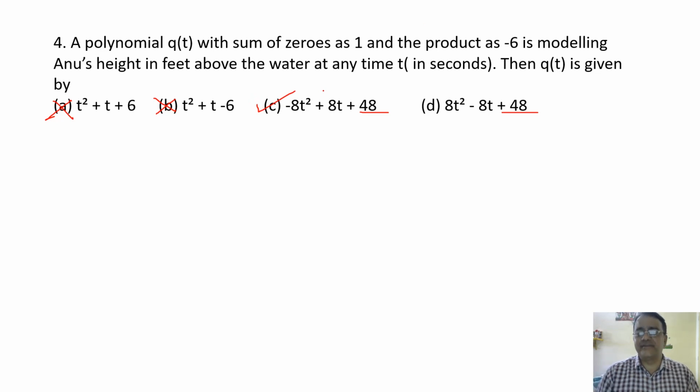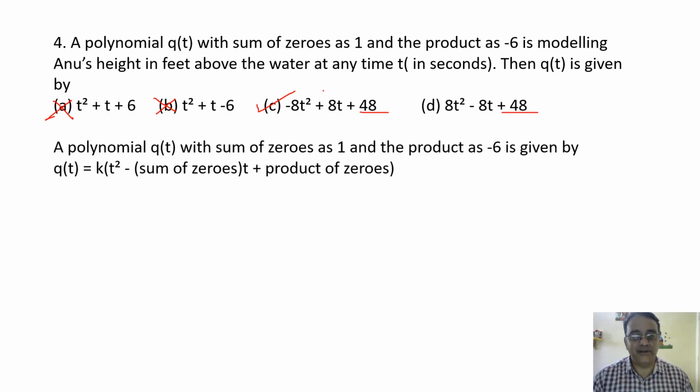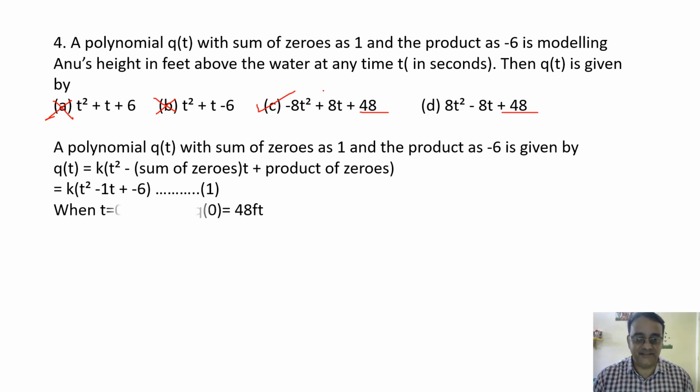Okay, now let's solve it. So the polynomial is given by k into x² minus sum x plus product. So this is the formula. Sum is given as 1, product is given as -6. So we substituted that. Right. Now at t is equals to 0 we know that the height is 48 feet.